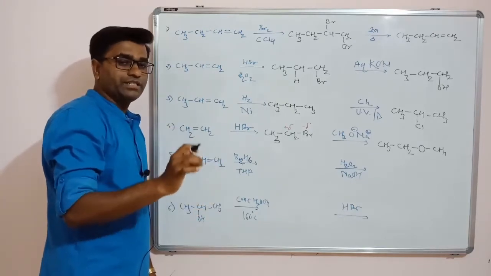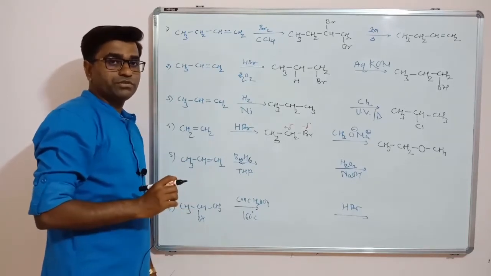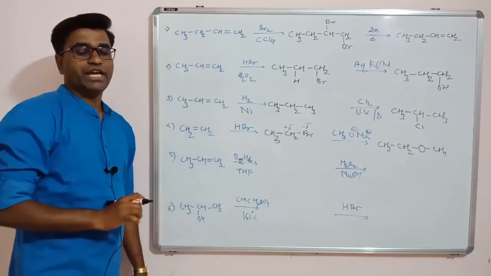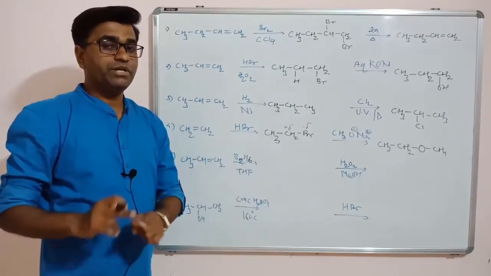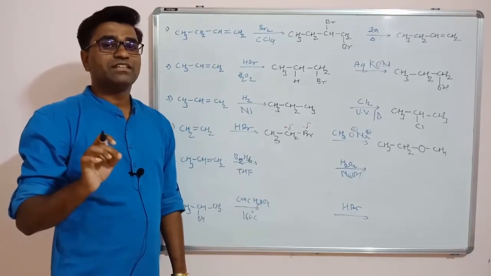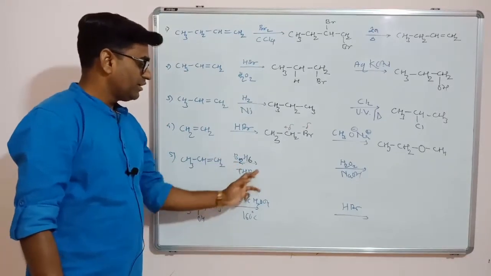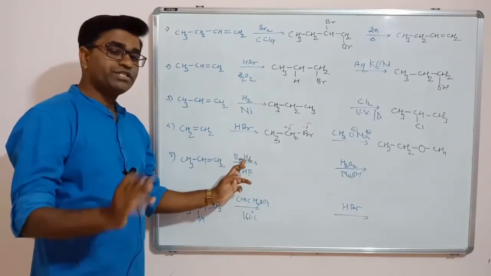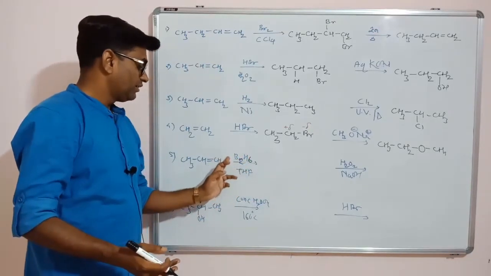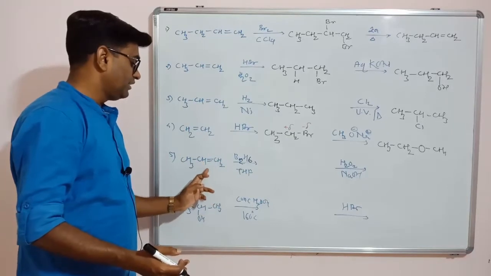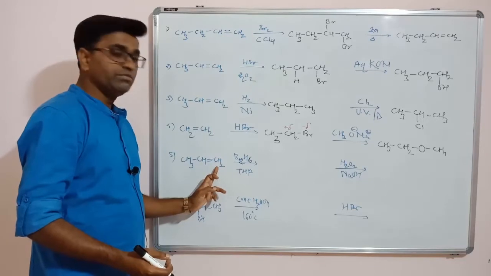So it's an addition reaction that goes via Markovnikov's rule. So what is Markovnikov's rule? In an addition reaction, the negative part of the reagent goes to that carbon atom which has fewer hydrogen atoms. In the case of borane, hydrogen is the negative part, that is called hydride. The negative part goes to the carbon atom which has fewer hydrogen atoms. So here hydrogen will go and here boron will go.